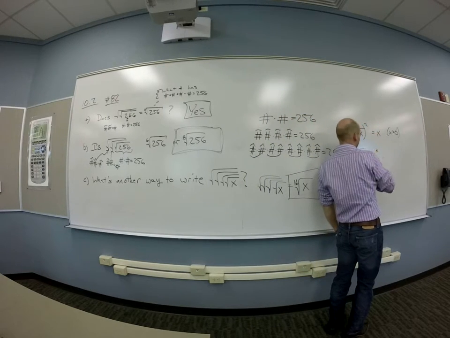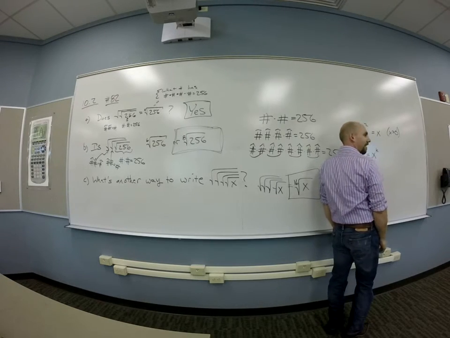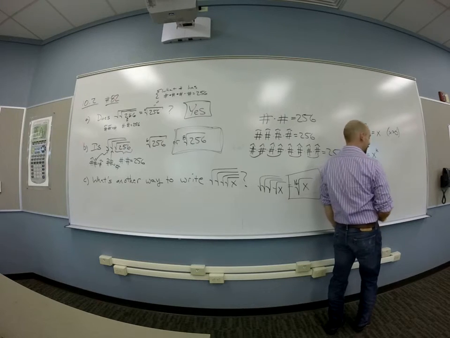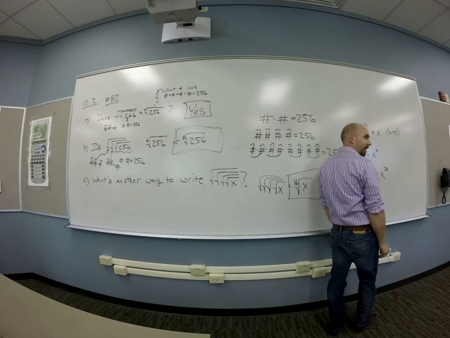So when I take x to the k and square it, what do I get? You guys know this rule? X to the 2k. Okay. X to the 2k, right?